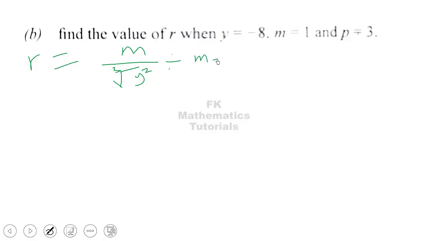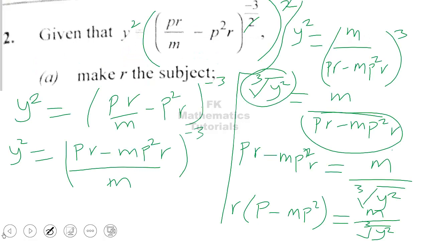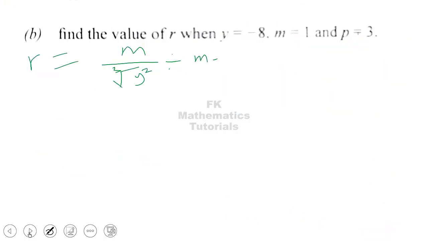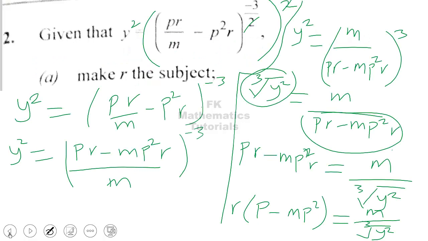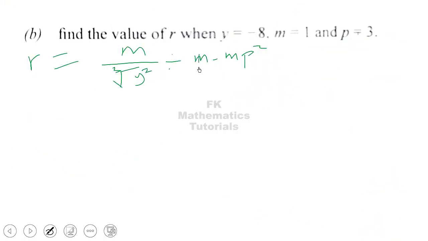P minus MP squared. So I can multiply by the reciprocal of this.